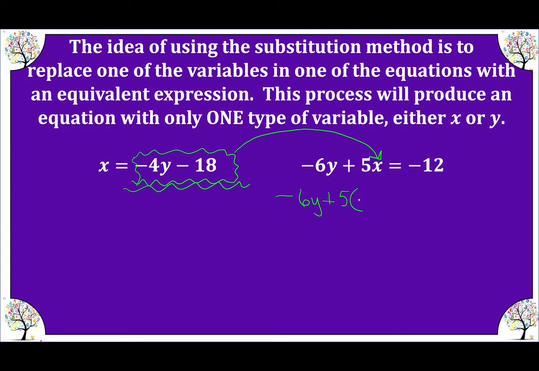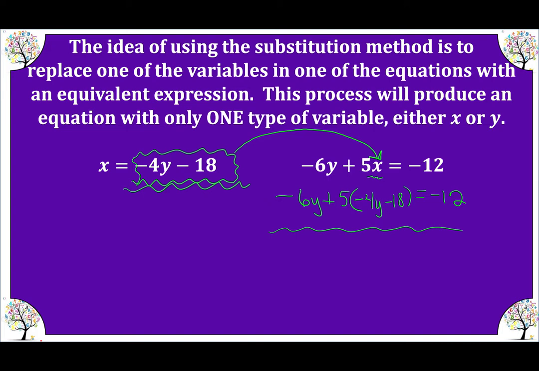So I'm substituting negative 4y minus 18 for the x. Now, take a look at this equation. We only have y variables, and then we can simplify this and solve for the y.